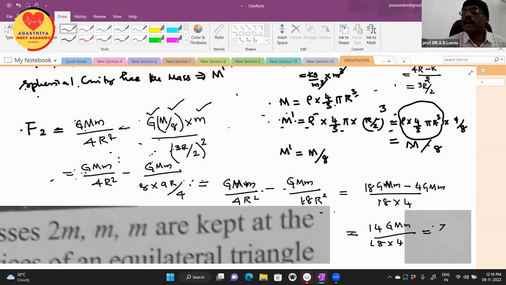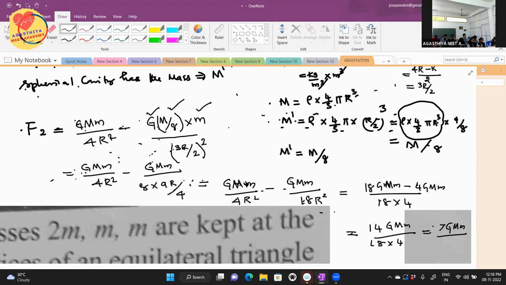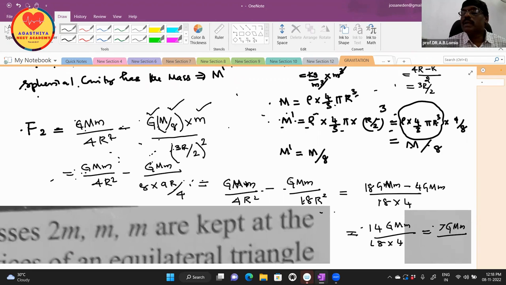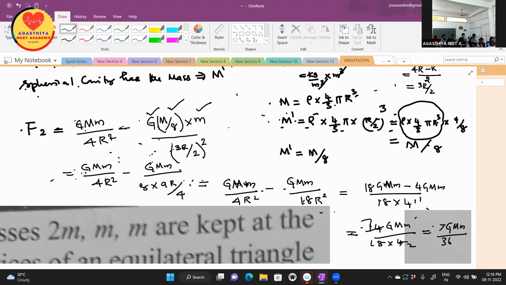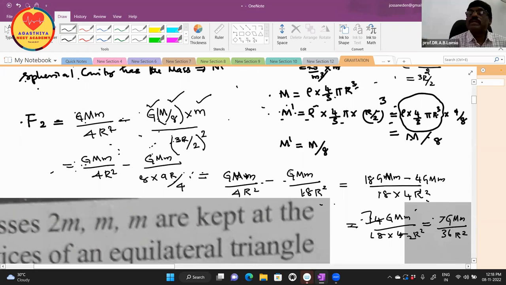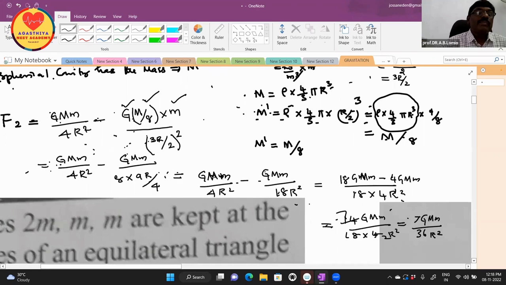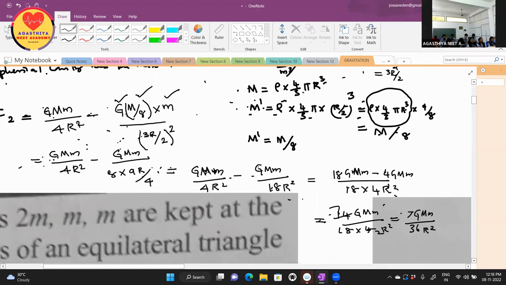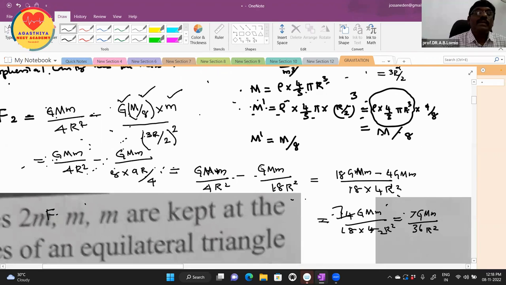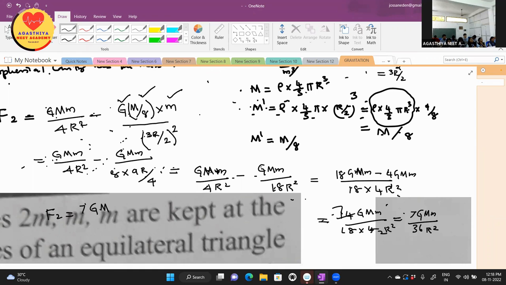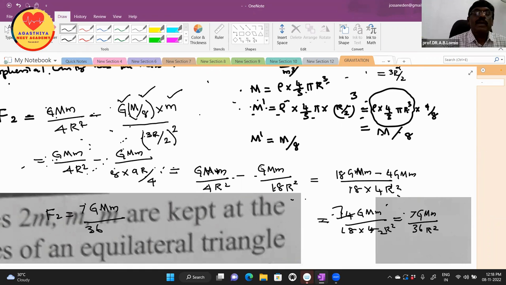Seven G capital M small m divided by 36 r squared. Remove r and keep denominator r squared. So we have found F2 finally as 7 capital G capital M small m divided by 36 r squared.